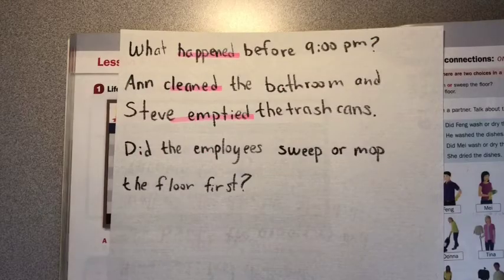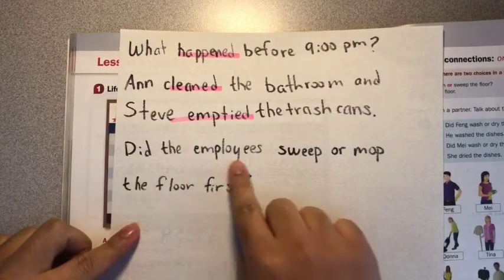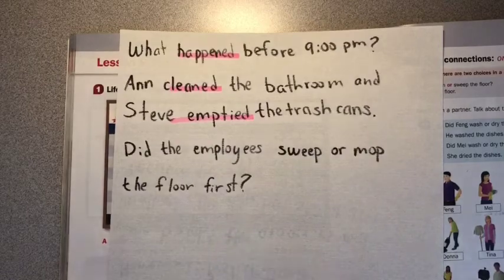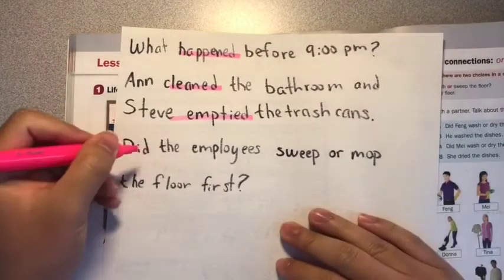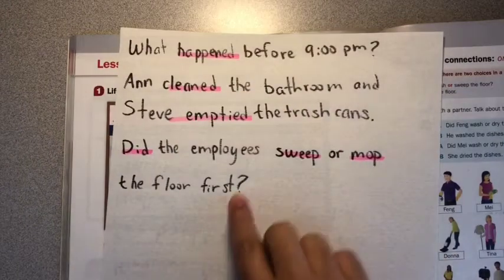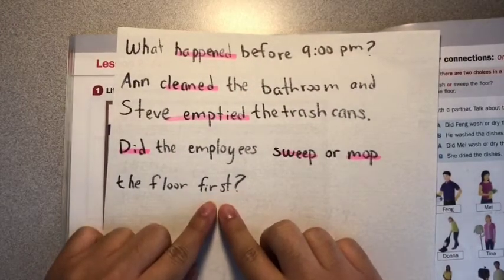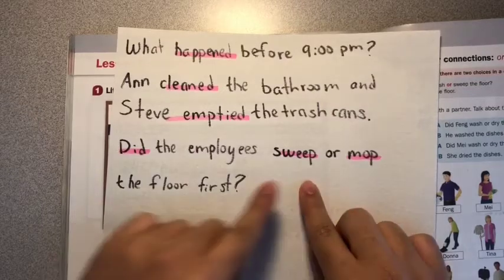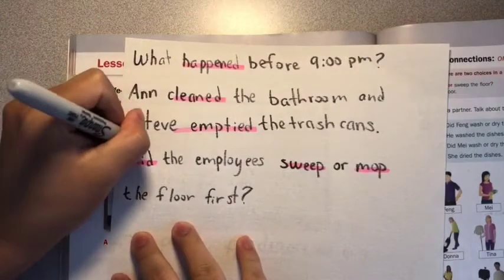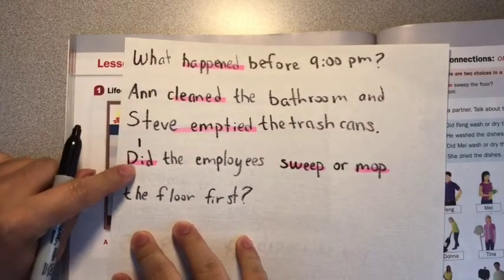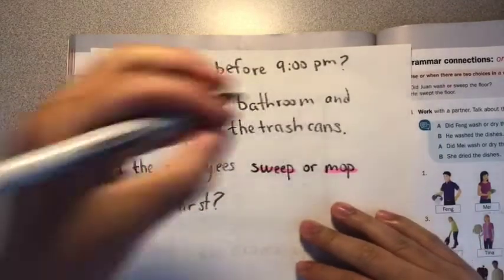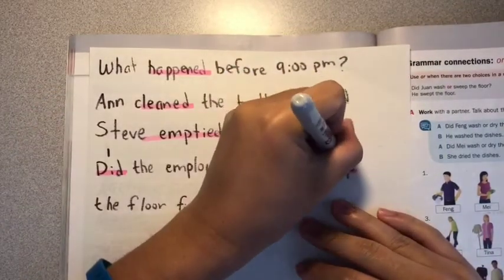Okay, the next question is, did the employees sweep or mop the floor first? So I'm asking, what happened first? What happened before? Sweep or mop? Okay, so this is verb number 1, did. I'm asking a question, so I use the word did. This is number 2 and number 3.